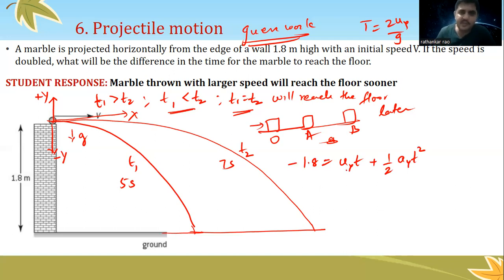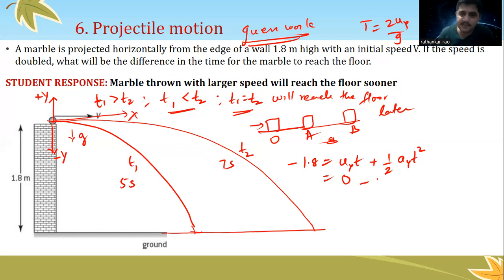Now, what is uy? Uy is the y component of the velocity. When you are throwing it horizontally, do you have a velocity vector directed downwards? Do you have any speed downwards? There is no velocity vector. You are not throwing it downwards, you are only throwing it horizontally. So the y component of the initial velocity is 0.